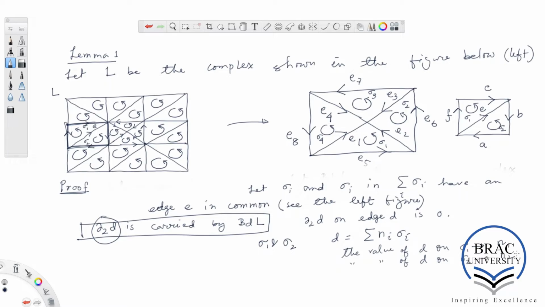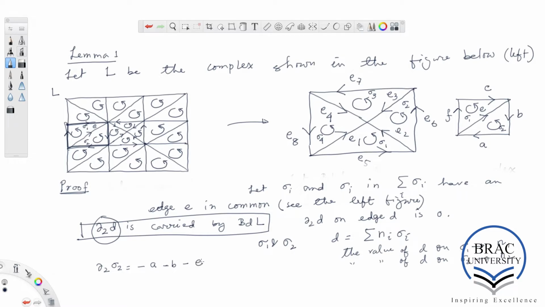Okay, right. Now let us write down this del 2 sigma 2 explicitly. What is del 2 sigma 2? In this case, del 2 sigma 2 is minus a minus b plus and minus e, right?